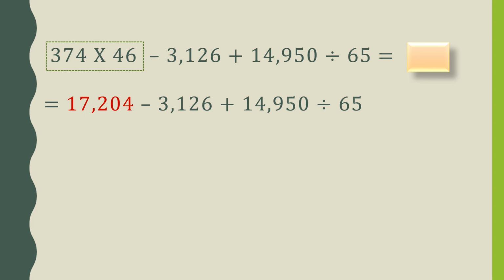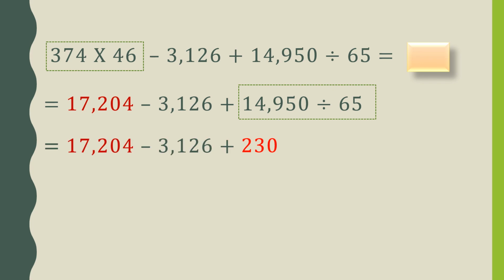In BEMTAS, we know that division comes first before subtraction and addition. Therefore, we're going to find first the quotient between 14,950 and 65. And that is 230.